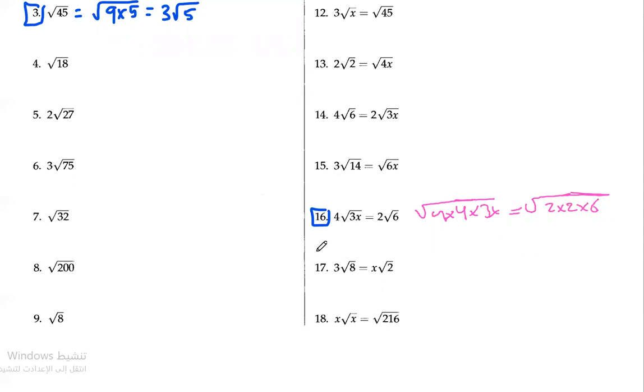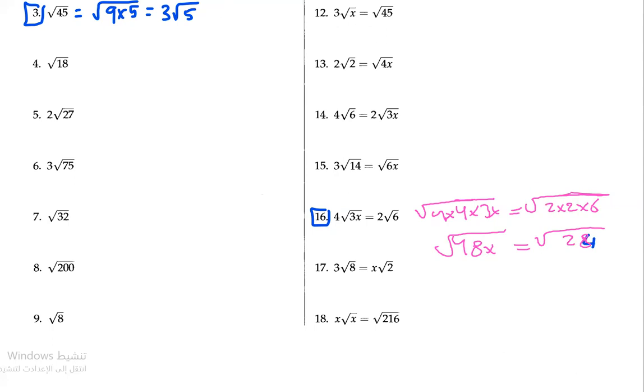So in here it's 16 multiplied by 3x. 16 multiplied by 3 is 48x. And 2 multiplied by 2 is 4. 4 multiplied by 6 is 24. Oh, sorry. Yeah, 24. Okay.